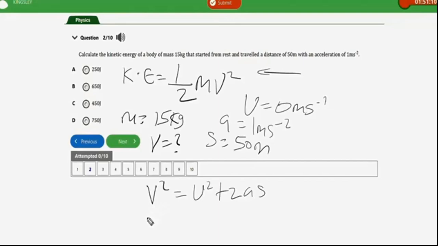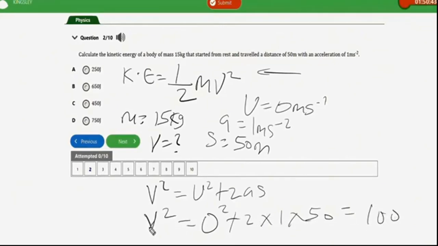All right, so we might want to make v the subject of the formula. v square equals, our u is 0, that's 0 square plus 2 times our a, which is 1, times our distance x, which is 50. 0 square is 0, so 2 times 1 times 50, we're going to have 100.